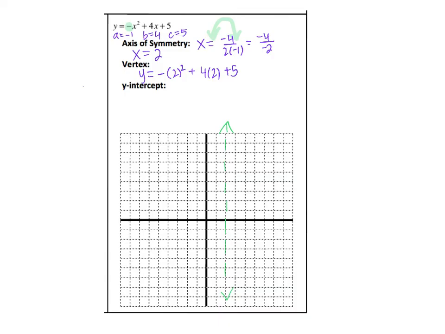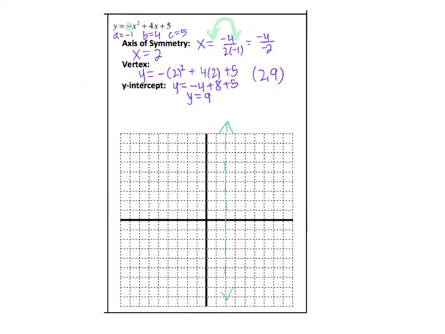So my y is equal to, first I'm going to square 2, which is 4, and then multiply by that negative 1. So I have negative 4 plus 8 plus 5. So my y is equal to negative 4 plus 8 is 4, and 4 plus 5 is 9. So that puts my vertex at (2, 9).